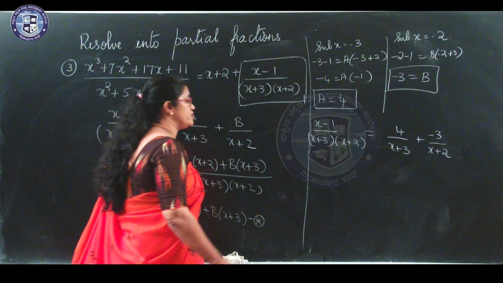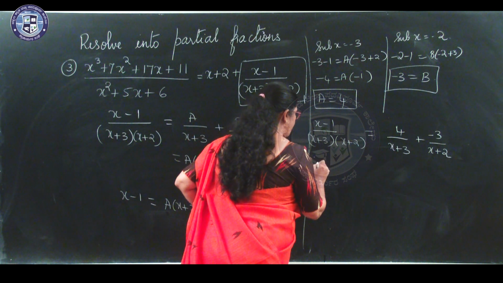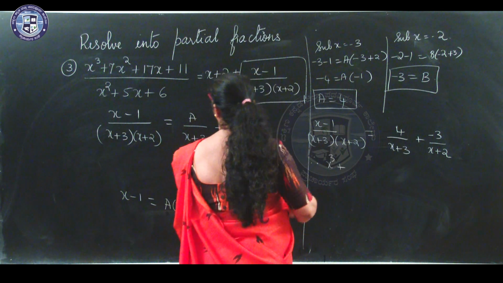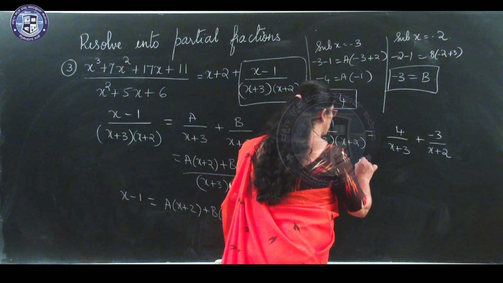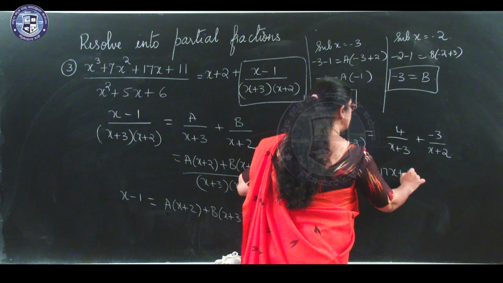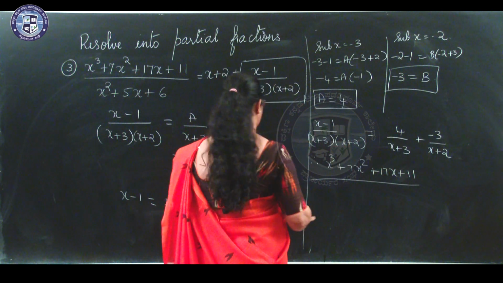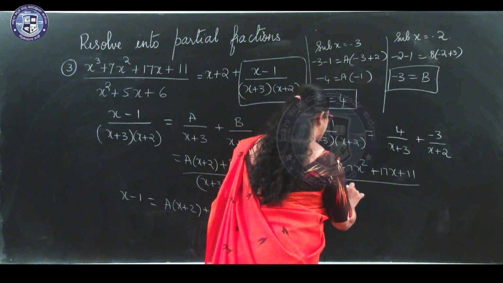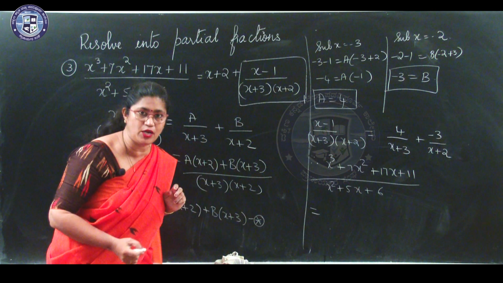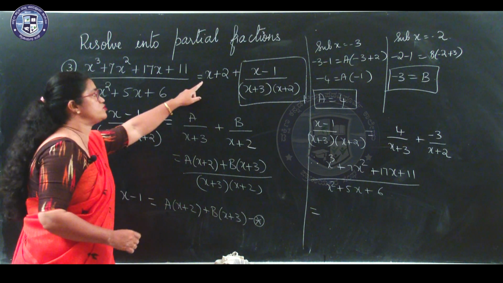So final conclusion, therefore, and write the question, x cubed. Don't forget to write the final answer always. 1 mark is for the final answer. 17x by 11 divided by x square plus 5x plus 6 is equal to, I'll write it below, first what is there?